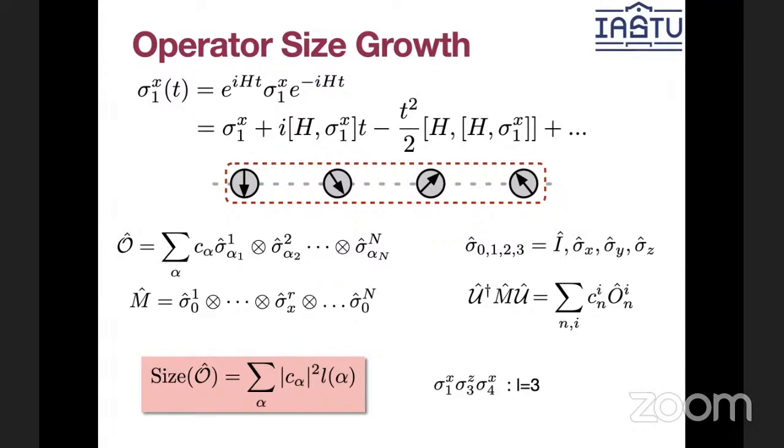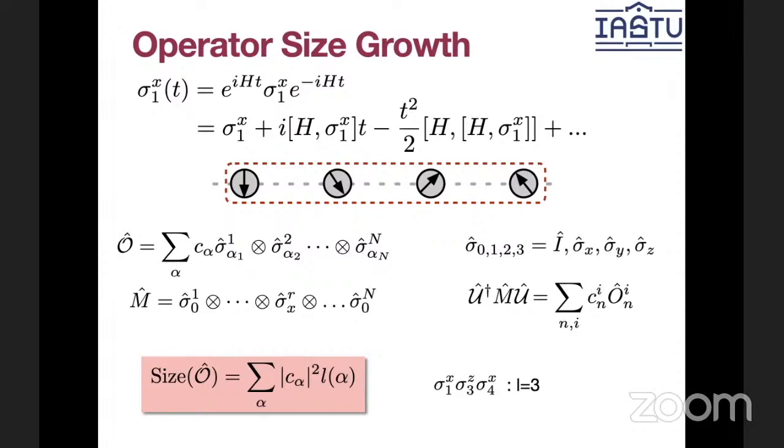Generally, an operator can be expanded by a Pauli string basis. For each qubit, this operator has four choices: the identity, sigma x, sigma y, or sigma z. And we can use the operator size to characterize how complicated this operator is.